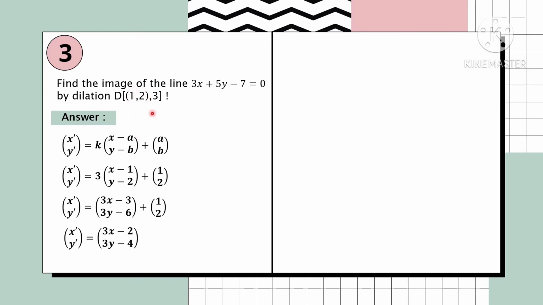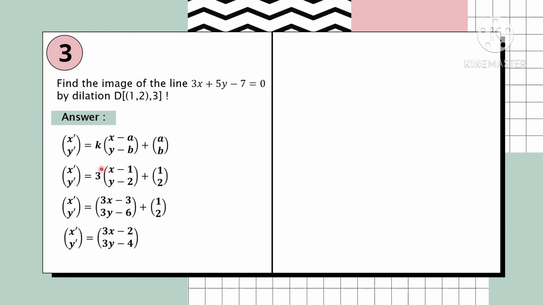Because the dilation factor contains (a, b) as the point, a is equal to 1, b is equal to 2, and the scale factor k is 3. Then we create the matrix form like this: x prime, y prime is equal to k times x minus a, y minus b, plus a, b.